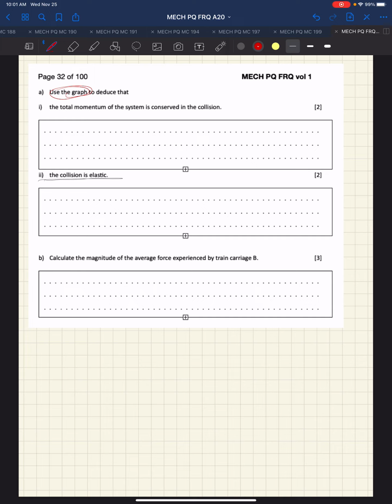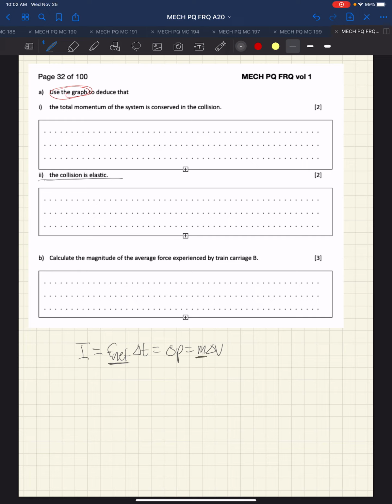Calculate the magnitude of the average force experienced by the train carriage B. So the average force, well, we have a conservation of momentum situation, so this might be a perfect time for our impulse. F net delta T equals delta P equals M delta V. We are looking for the force.